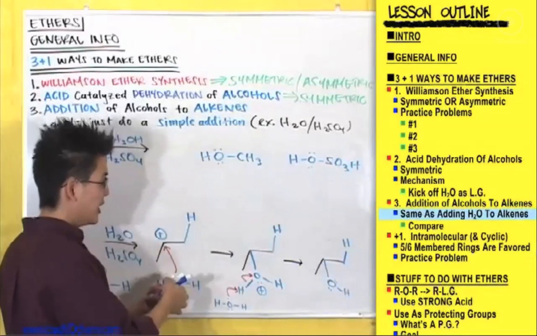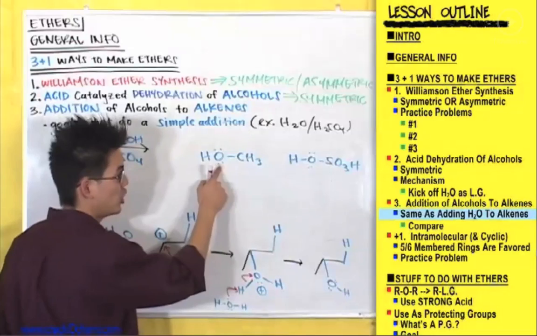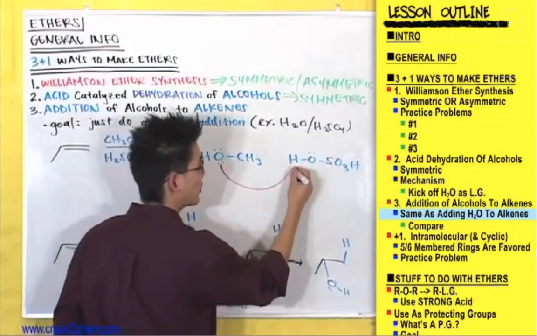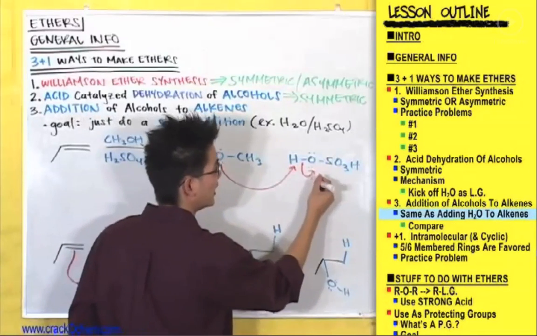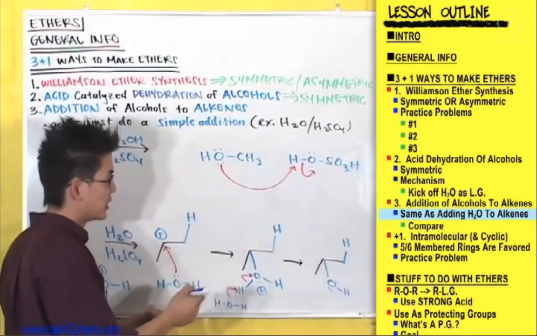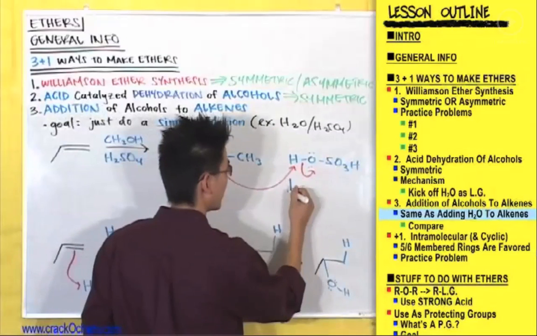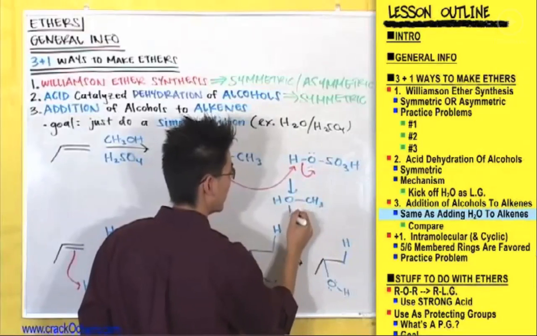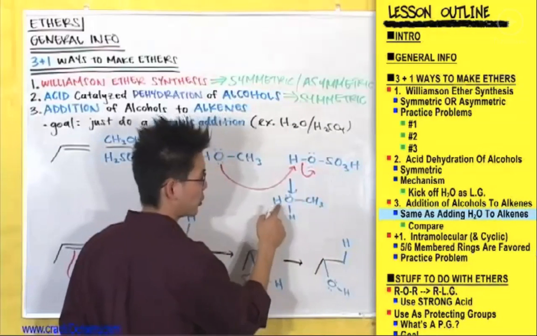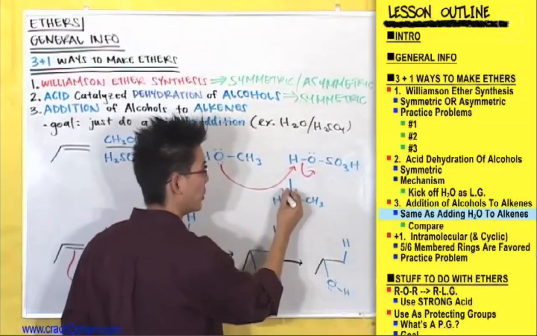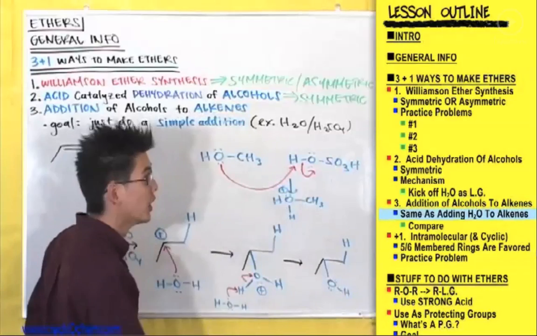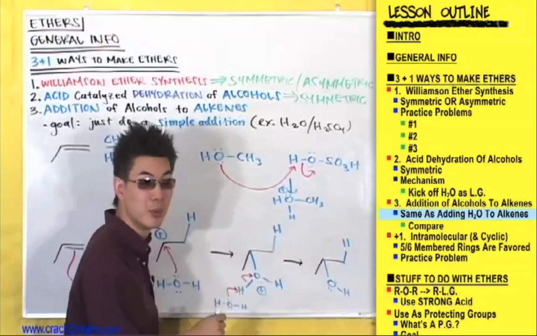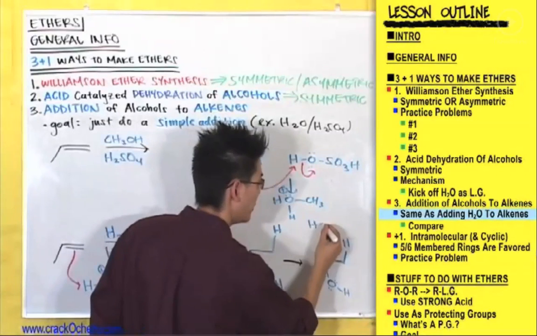So the oxygen of this alcohol is going to get protonated. It's going to pick up that hydrogen, kick the electrons off to that oxygen, and this is going to make HOCH3H, which puts 3 bonds to this oxygen, which puts a plus charge on that guy. So this should look very, very similar to H3O+.